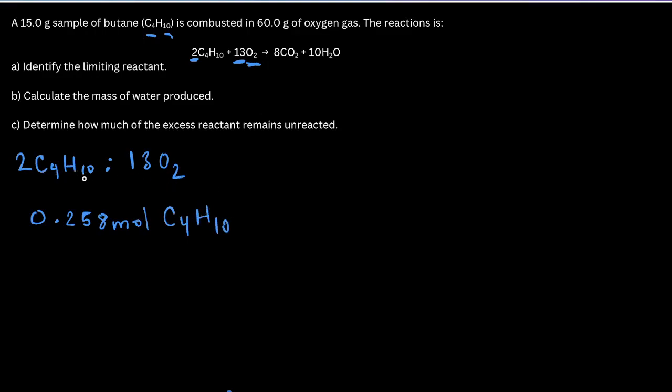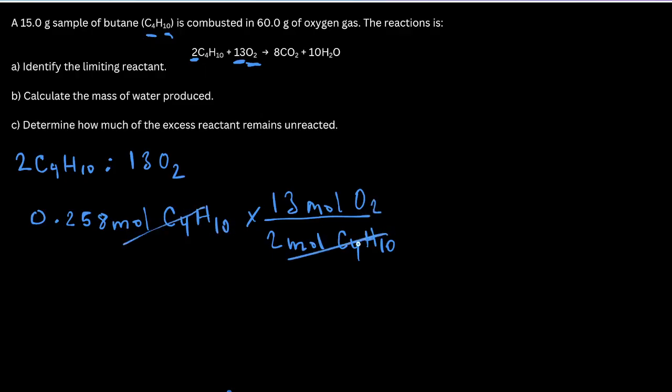According to this mole ratio, looking at our balanced chemical equation, how much oxygen do we need? Well, for every 2 moles of butane, we need 13 moles of oxygen. Canceling out our units of moles will give us how many moles of oxygen we need to conduct this reaction.